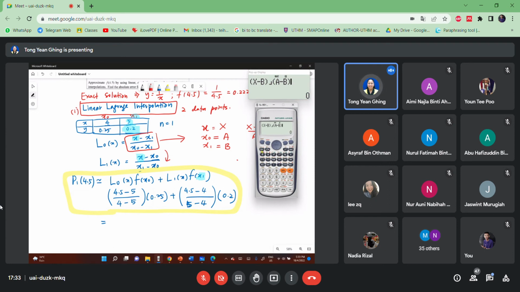If you don't want to do this, you can just do the calculation, because this one is very easy: 4.5 minus 5 is negative 0.5, over negative 1. But if you have to key in a lot, you can use this approach.